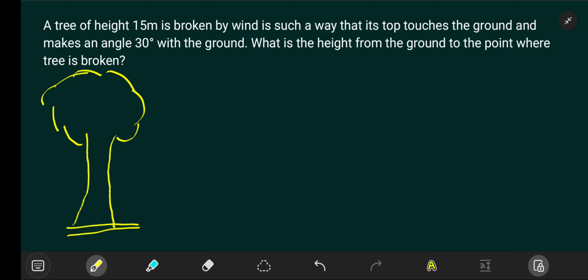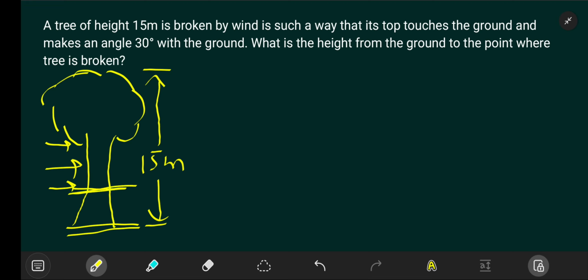Its height is 15 meters from the ground to the top of the tree. Due to wind, the tree was broken into some portion, like this.